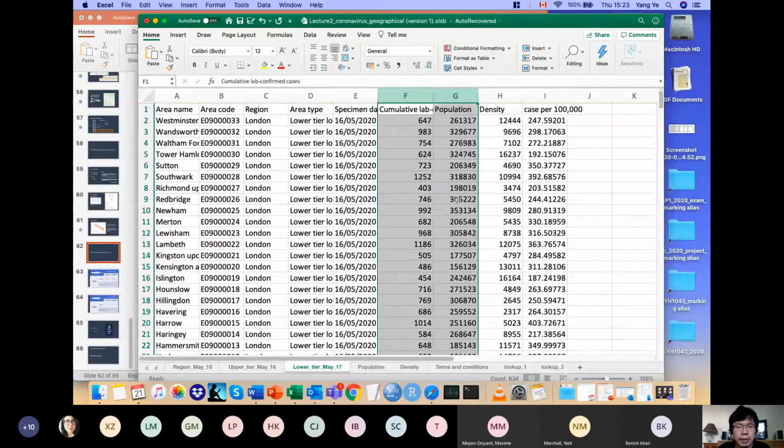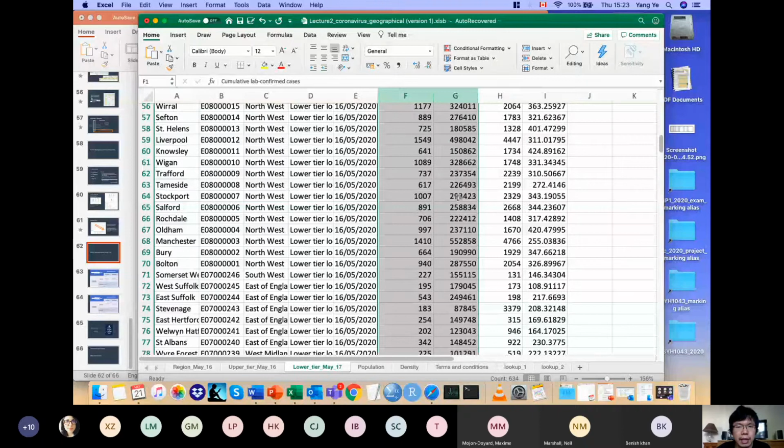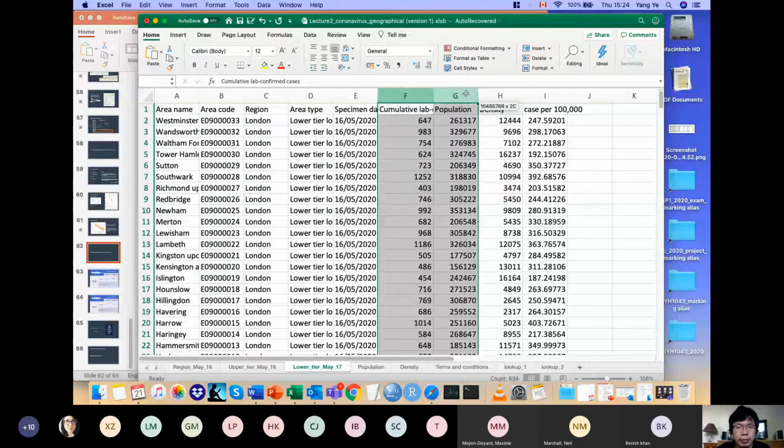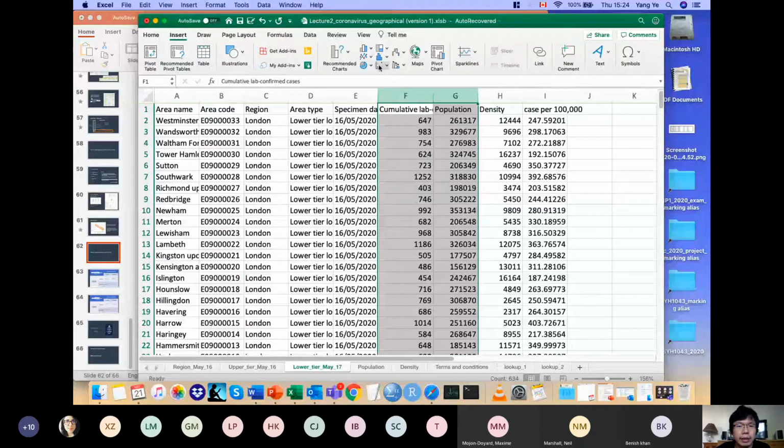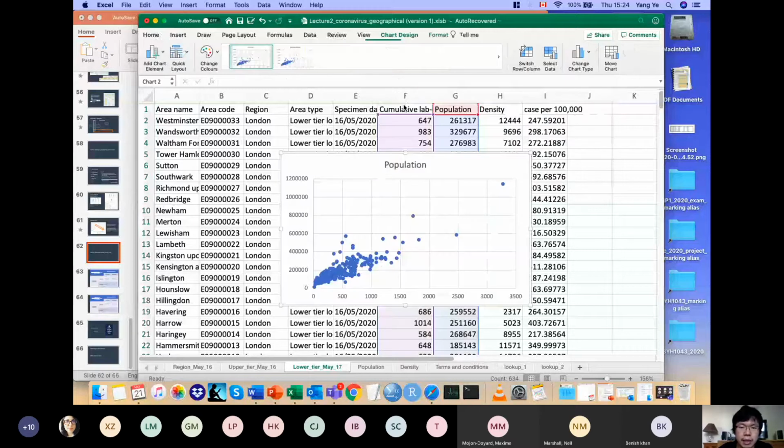We can try to depict that relationship using a scatter plot. What we can do is select these two, go to Insert, and there's this little chart called scatter. We select the first one, just a simple scatter plot, and there we have it, right?